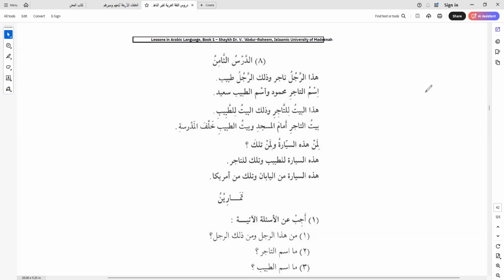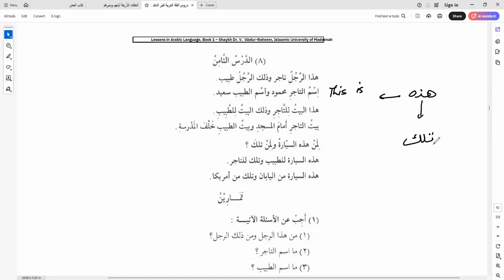Again, hadhihi. Hadhihi is "this is," but it's used for singular feminine objects, and the objects must be near. And then the opposite is tilka.